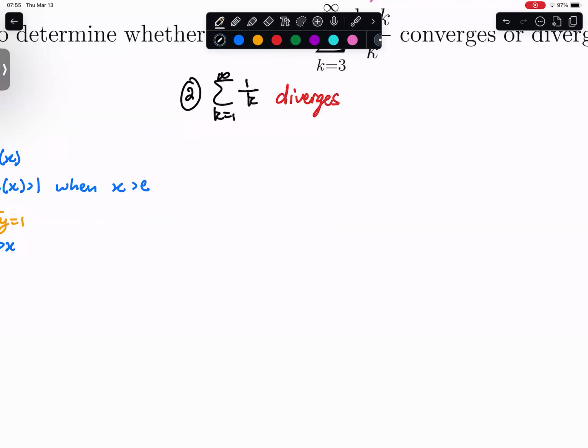And as mentioned in the previous example, you can either say by the p-series test, since your p is 1, less than or equal to 1, or you can also say that it diverges because it is the harmonic series, though that series needs to begin at 3. So you can say either or here.